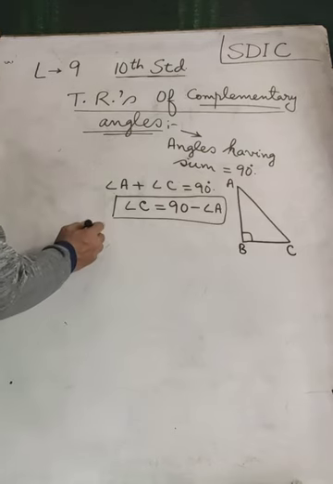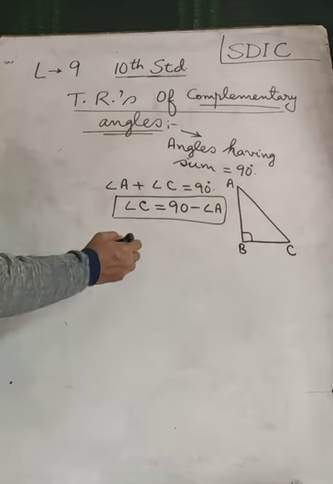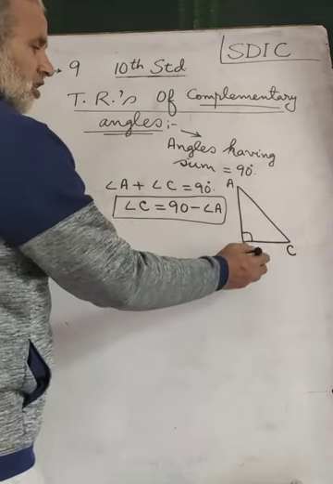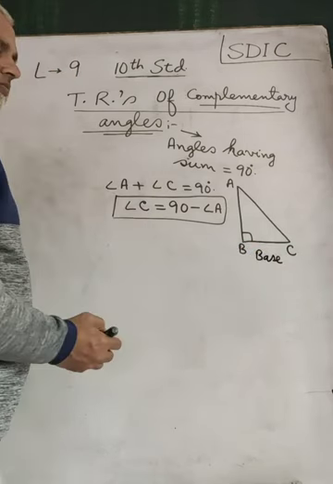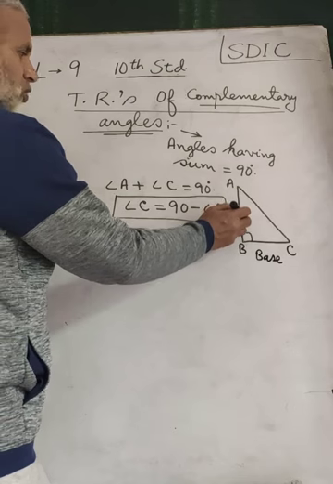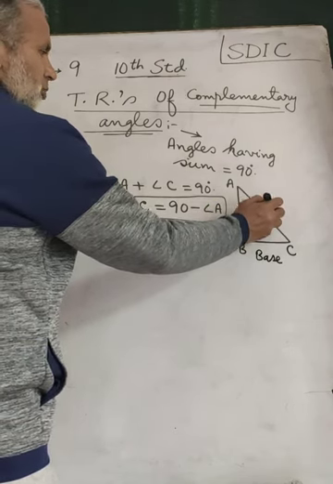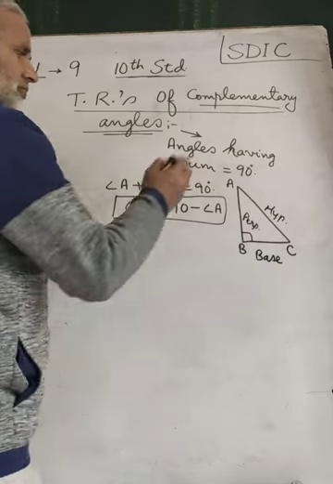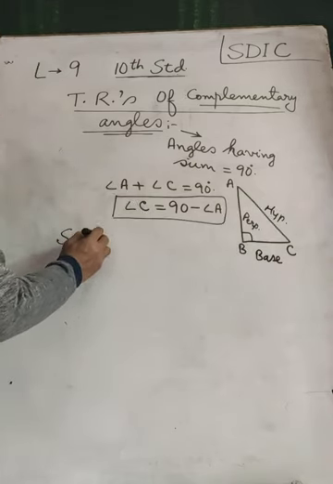So let us consider first angle C. We'll first find trigonometric ratios of angle C. With respect to angle C, we'll call BC as base and AB as perpendicular. This AC is the hypotenuse. What will be then sine angle C?